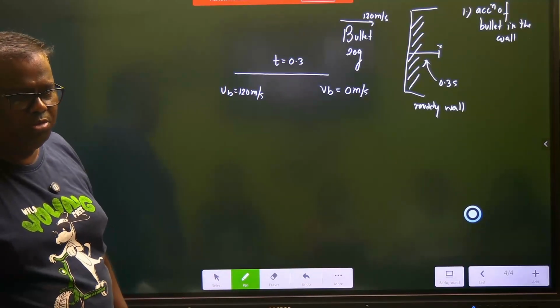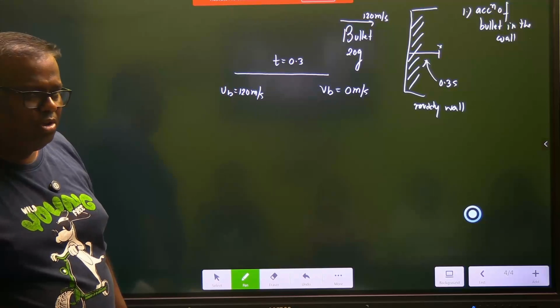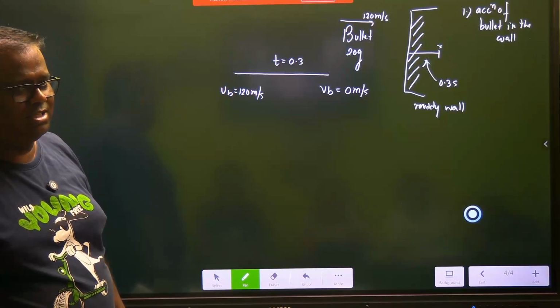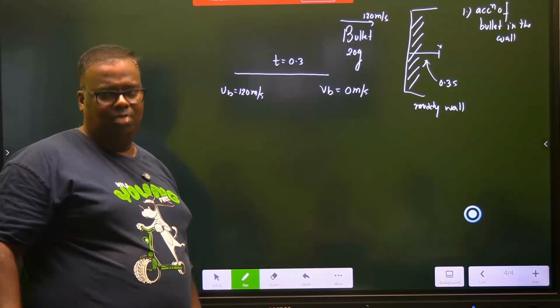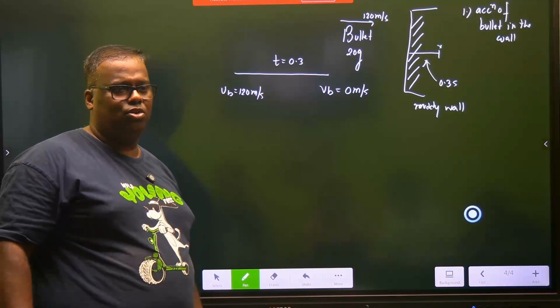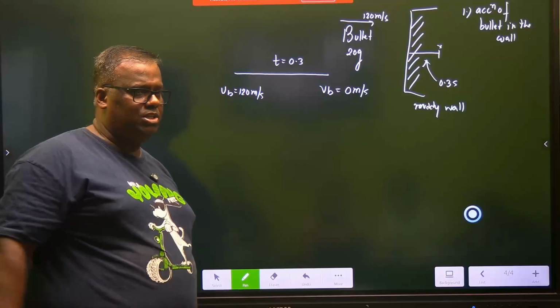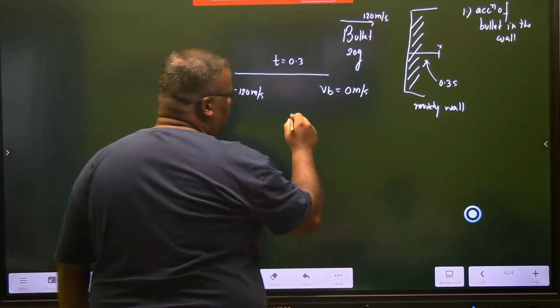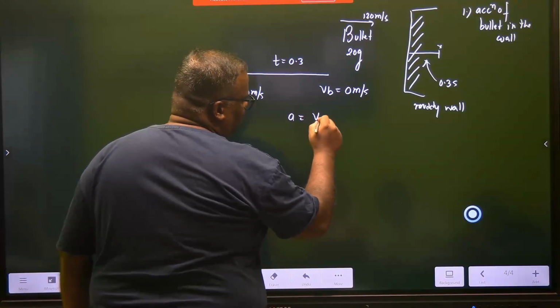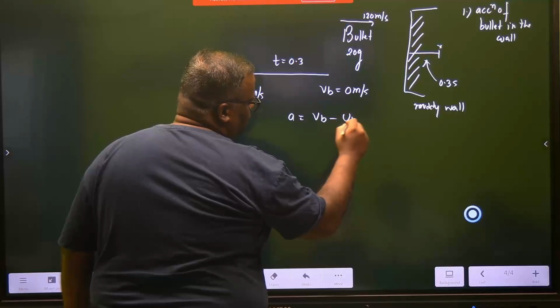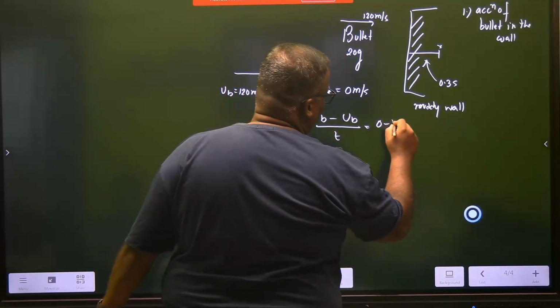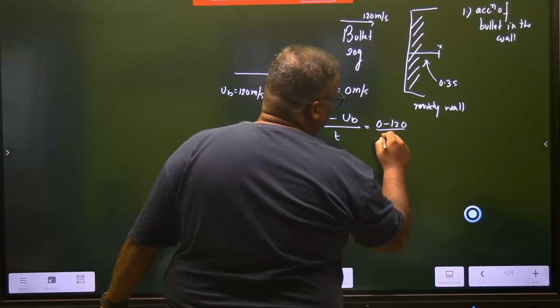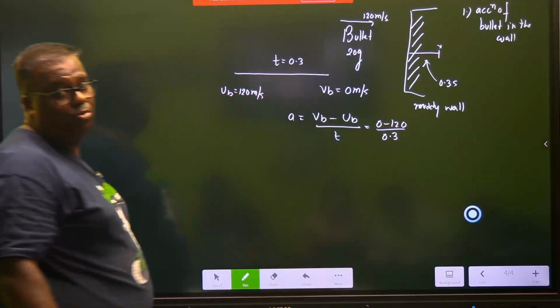No, you don't know S. V equal to u plus at? Yes. V equal to u plus at will give us the acceleration. Acceleration is always final velocity minus initial velocity divided by the time that has elapsed. So it's 0 minus 120 divided by 0.3.